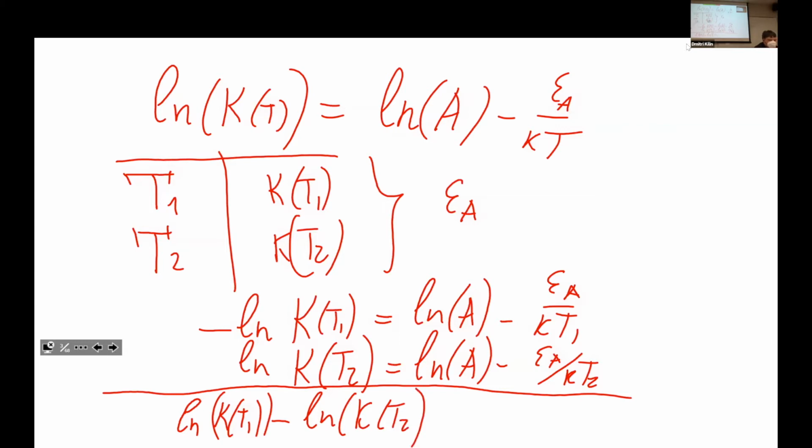On the right, the pre-factor will be cancelled. And then we will have minus E_A over k, times 1 over T1 minus 1 over T2.